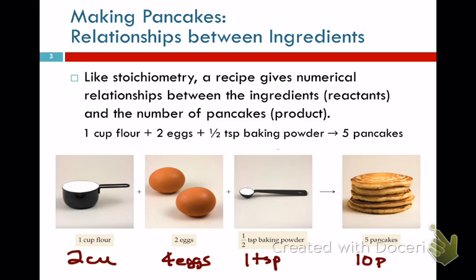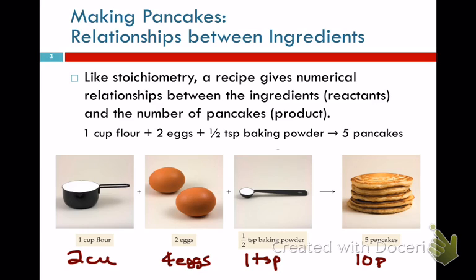Mathematically, the way we do it is we would say, well, I have 4 cups of flour. And then for every 2 cups of flour, it's 4 eggs.